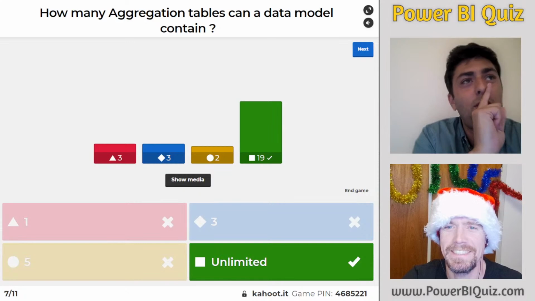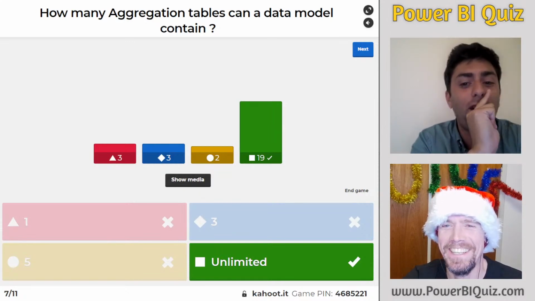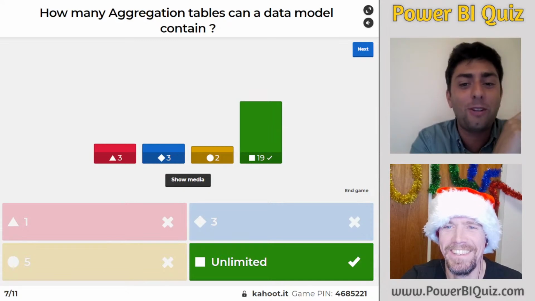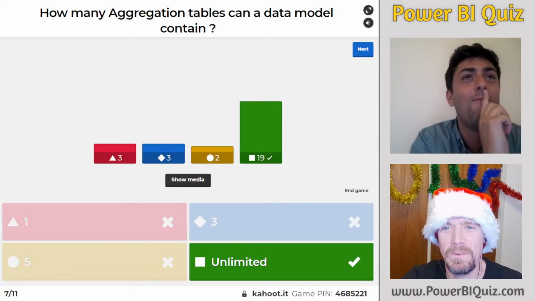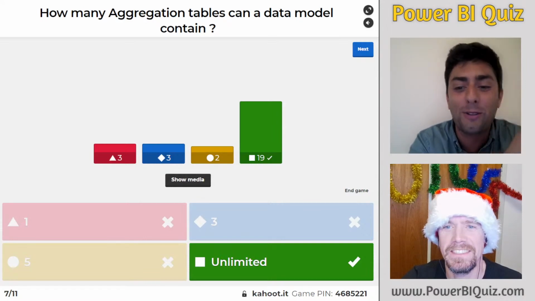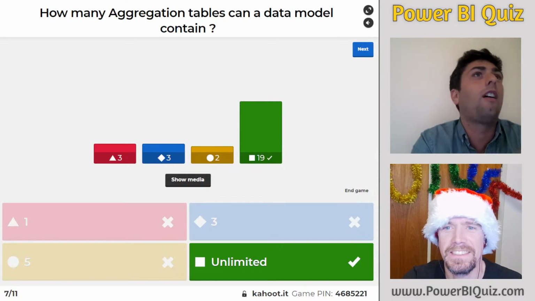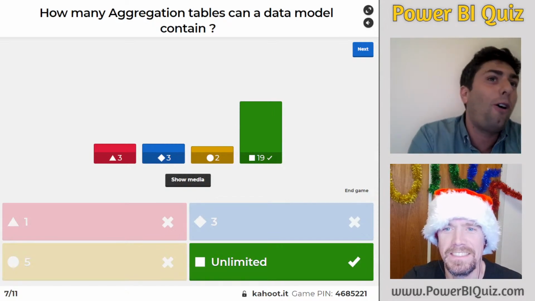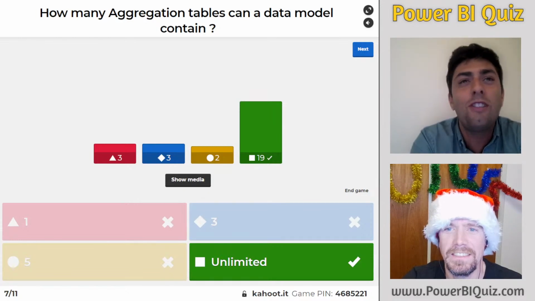Well, maybe there is one which I don't know, but I don't know if there is a limit of imported tables that you can have in a Power BI model. I don't know if Microsoft can answer here. I don't know if we can, for example, import 100 million rows of tables in import mode. Well, you would never do this, right?